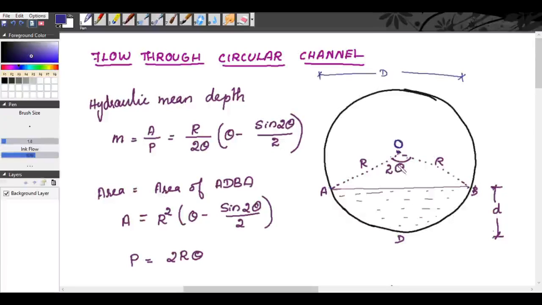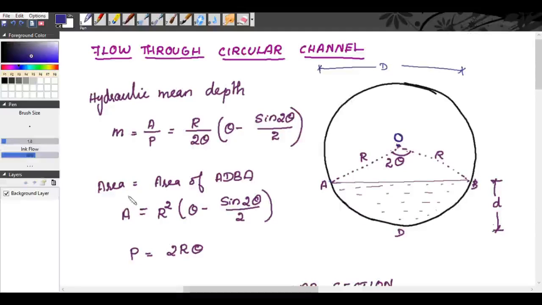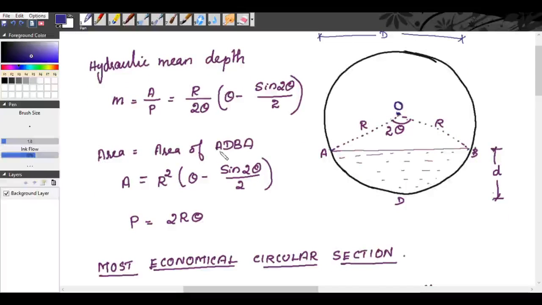So if this is 2 theta, our hydraulic mean depth M will be equal to A by P. So, before that, come for area. Area of the water flowing in the channel will be equal to area of ADBA, this portion.